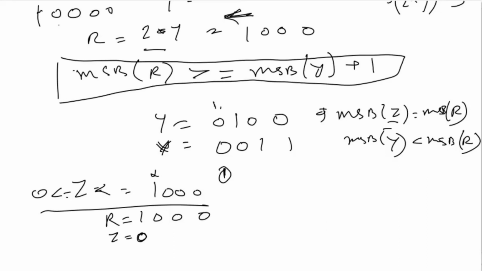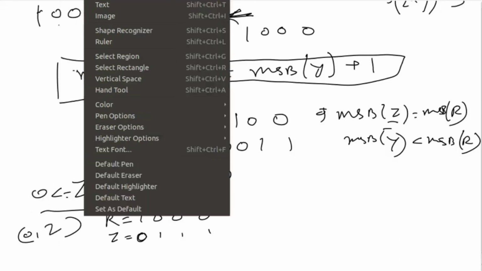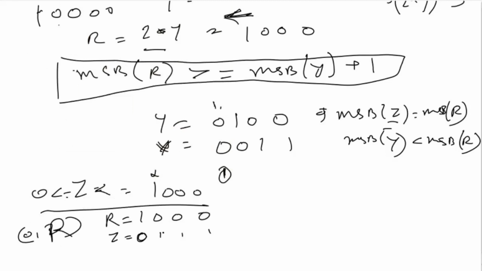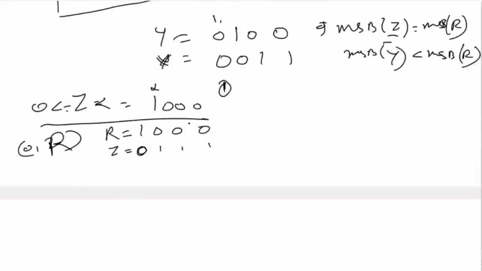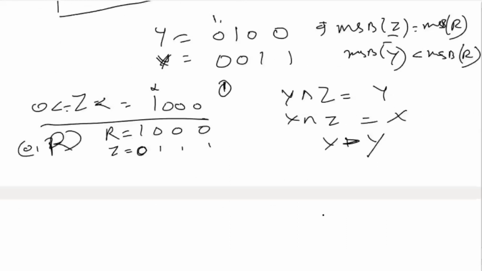So now even if we set all those bits to 1, then our Z will be in the range 0 comma R. So we'll set all the bits to 1, and then you can see that Y will be Y and Z will be X, and our product will be X into Y. And this will give us the correct result.